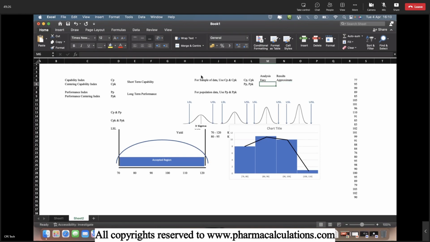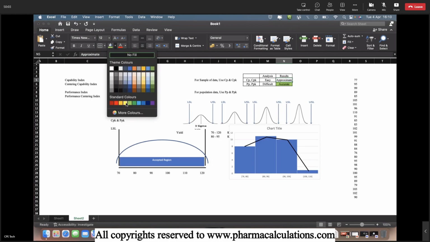But coming to PP-PPK, the analysis is going to be difficult, because you have to handle multiple data points. And coming to the results, this is going to be accurate, because you are going to collect all the data points, and depending upon all the data points, you are going to define the process performance. So this is accurate, while CP-CPK is approximate.